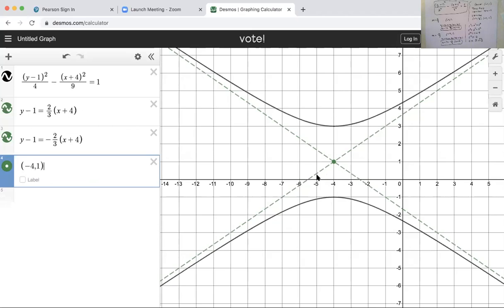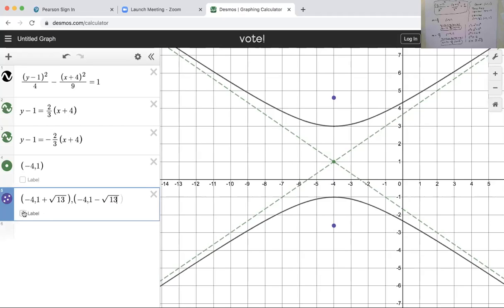The transverse axis is vertical, so we go up root 13 from that point. So that would be -4, 1 plus the square root of 13. That's one focus, and then the other one would be -4, 1 minus the square root of 13. And those points are both foci.